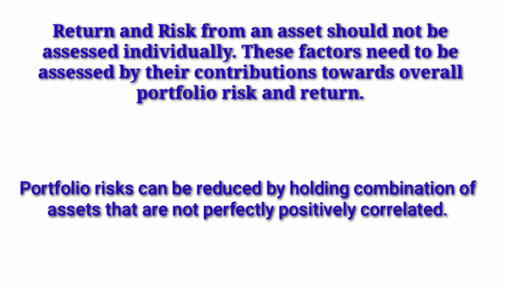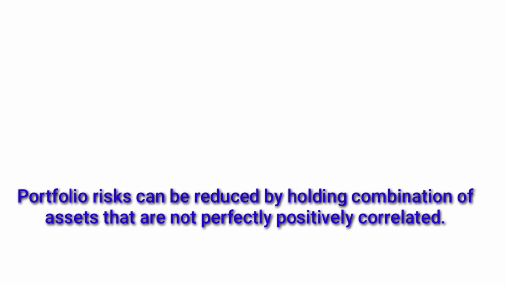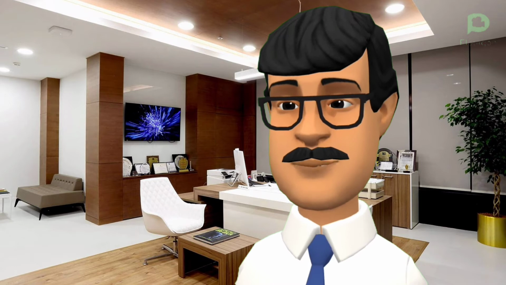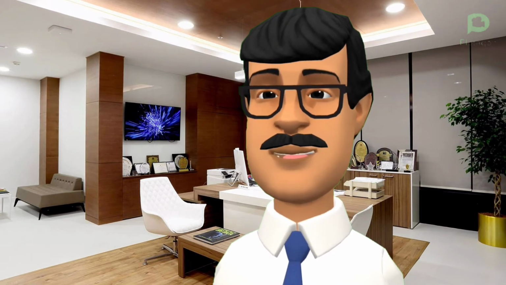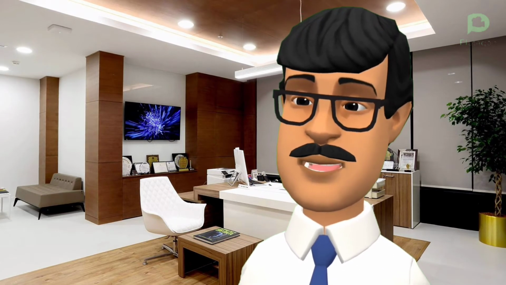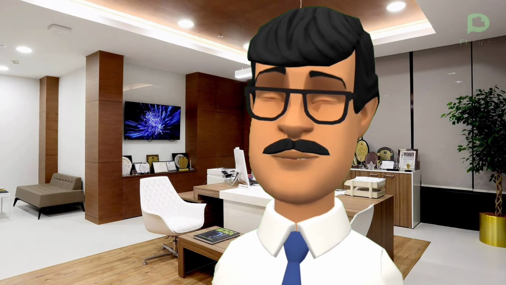Risk in MPT is defined as the average variance in the expected return of an asset. The expected return is the estimated return that a security or asset is expected to produce.